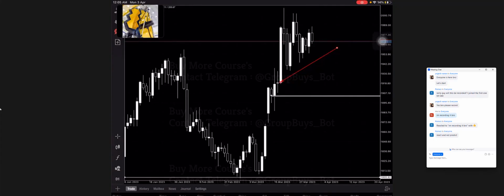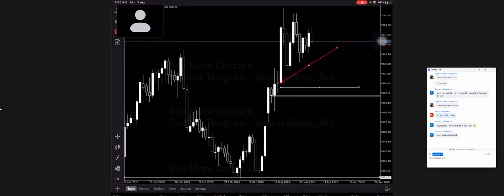It's on the weekly resistance level, but it's on the daily, because our precise entry is from the weekly.